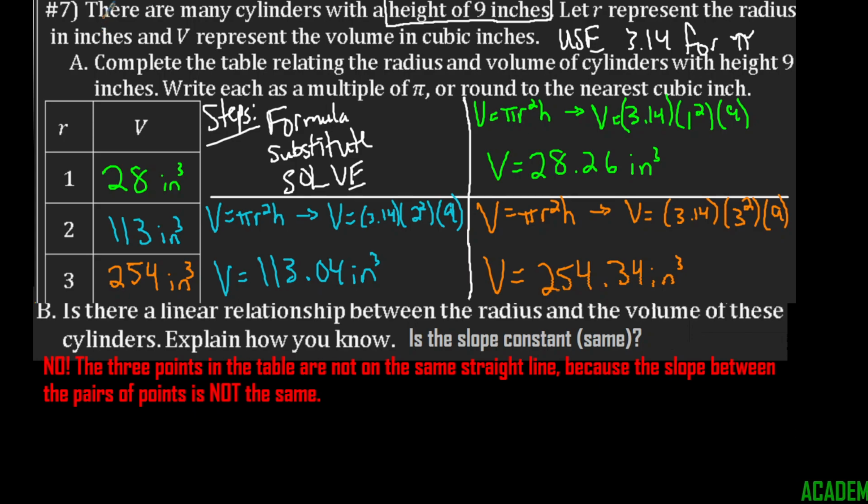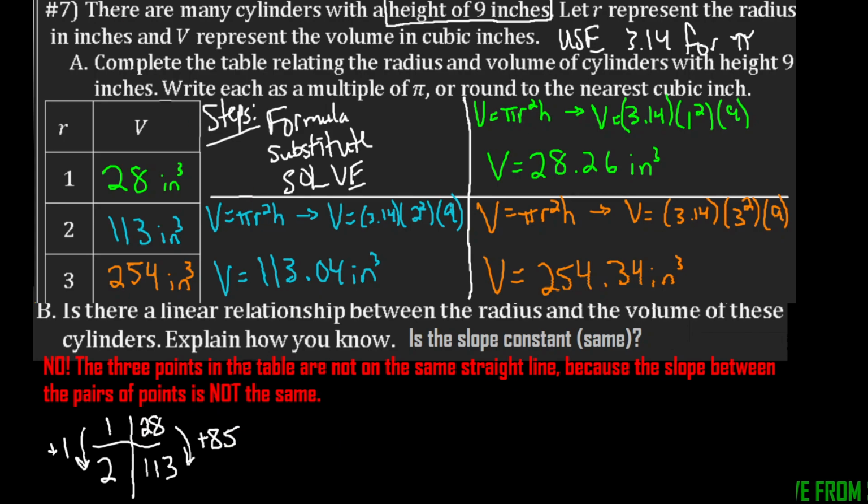And so what I can do is I can show that. So for that first one, I'm saying my slope from one point to next, so I have 1,28 and 2,113. Again, that's going to be plus 1, where this is going to be plus 85, sorry.